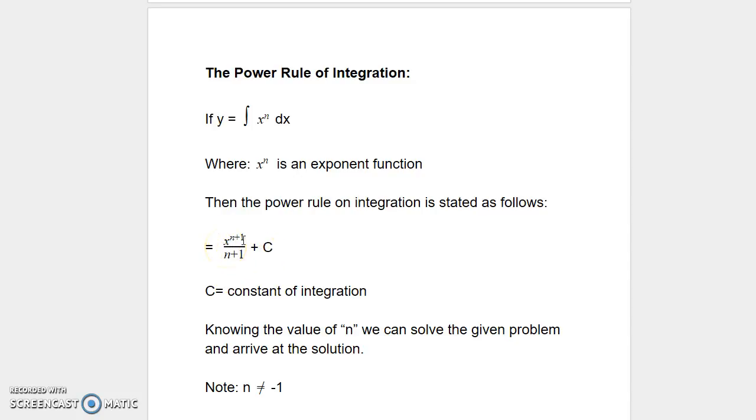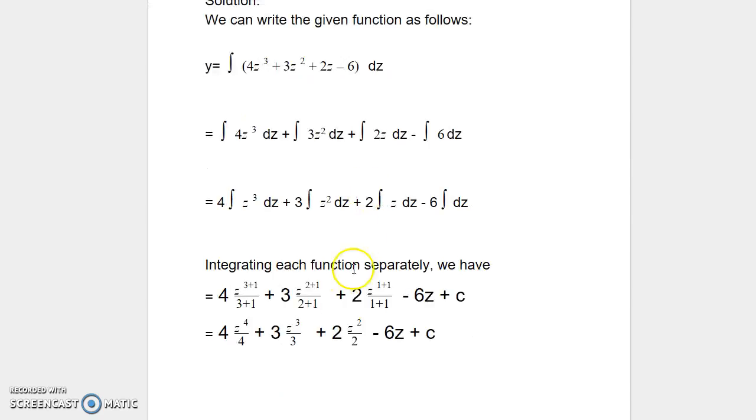X to the power of n plus 1: we take whatever power we have and add 1 to it, divided by the power we have, n plus 1. So that's the power rule. Let's go back to our example.